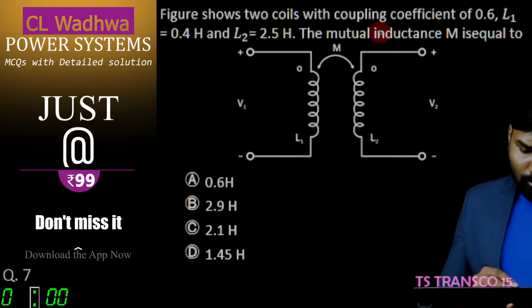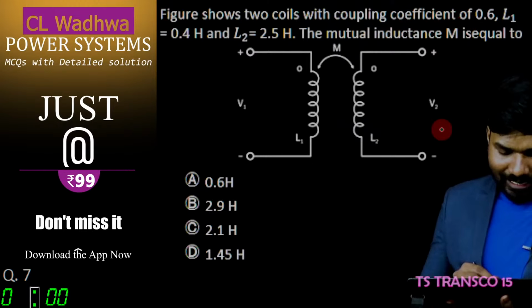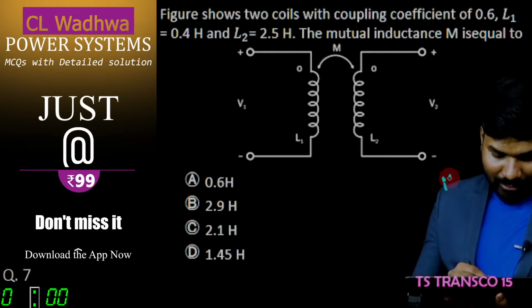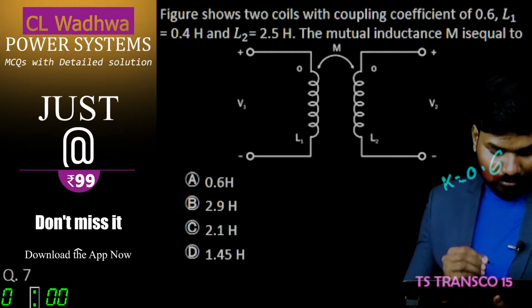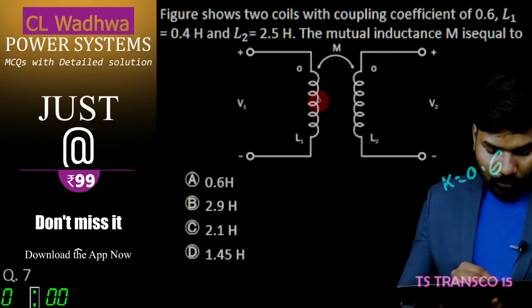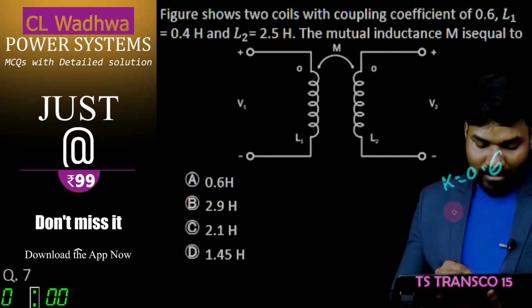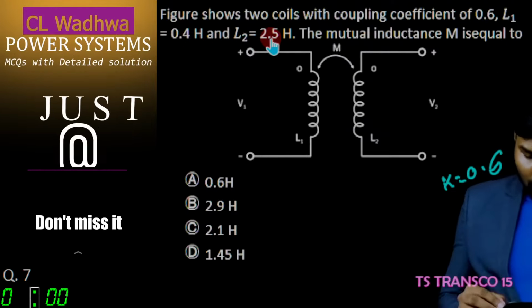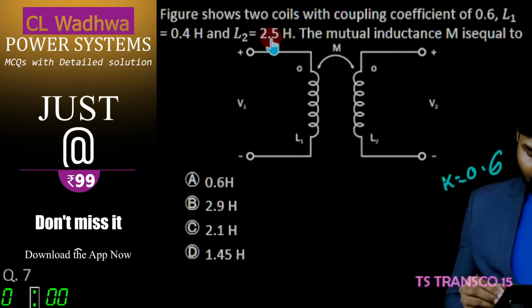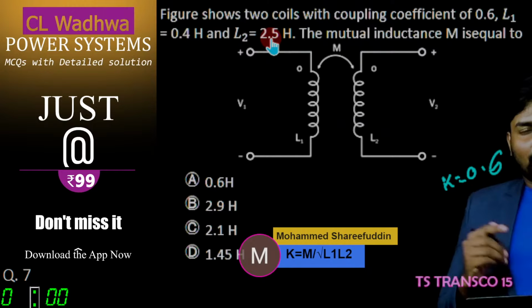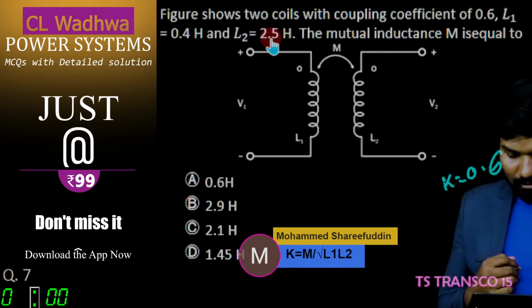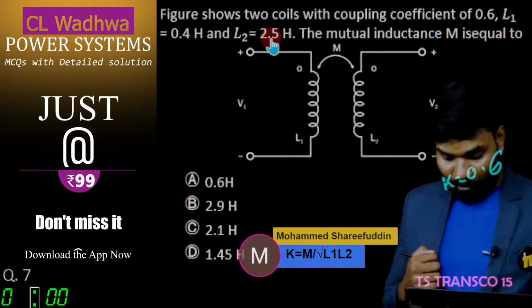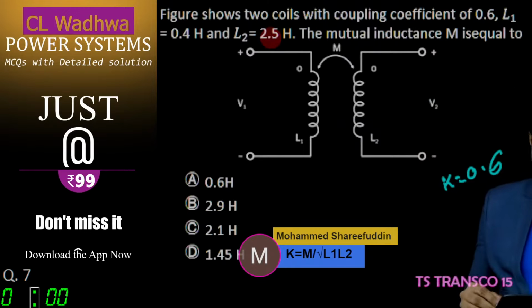So this is direct based on formula. Coefficient of coupling K is given as 0.6. L1, L2, self-inductance of the coils are given. L1 is equal to 0.4 and L2 is equal to 2.4. Now the formula we'll be using, Muhammad has shared a formula, as well as Sudhir. Use this formula, you'll get it.